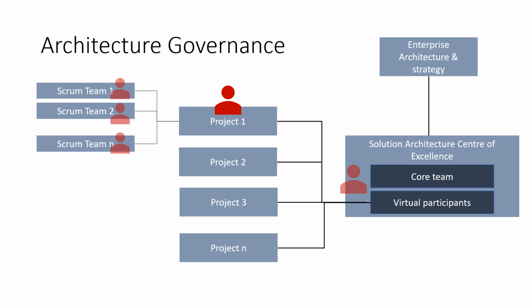So at the project level, the solution architect himself or herself is establishing some governance and controls. But at the organization level, there is a center of excellence team that is establishing the governance and controls, and the solution architect may copy that and cascade it to the individual Scrum teams.